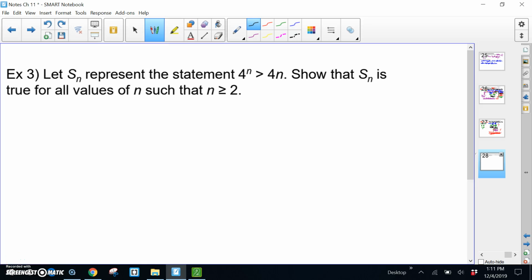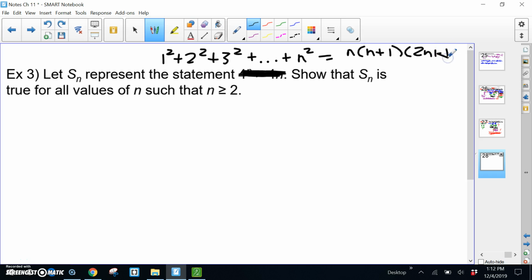Example 3, I'm going to change the problem slightly. Well, drastically, I guess. 1 squared plus 2 squared plus 3 squared plus dot dot dot plus n squared equals n times n plus 1 times 2n plus 1 over 6.